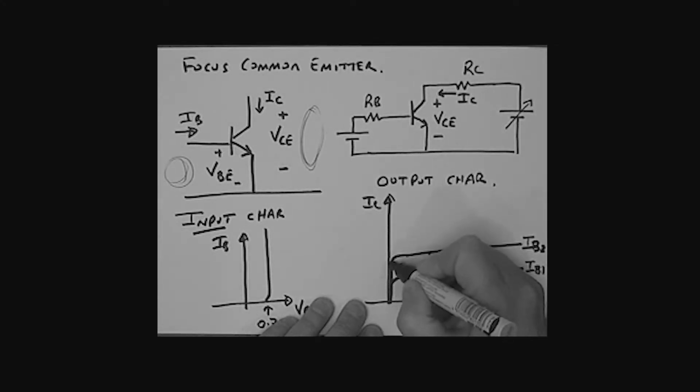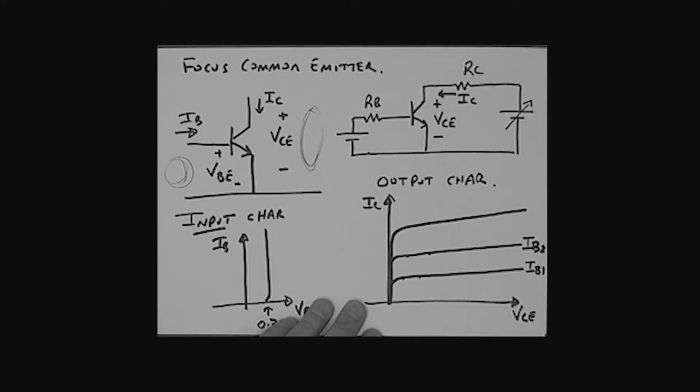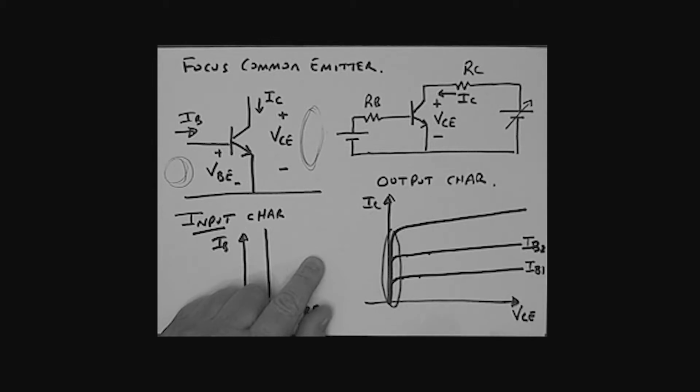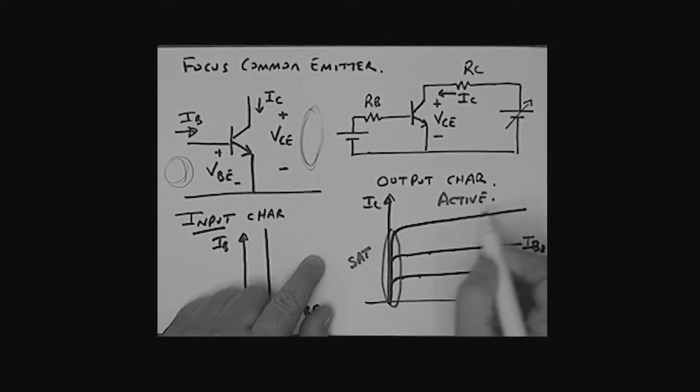And what I end up getting is a series of these curves, IC versus VCE. Now, this vertical rise region here is referred to as the saturation region. And then these straight line sections, these lines, are parallel to the VCE axis. This is called the active region, between here and here.